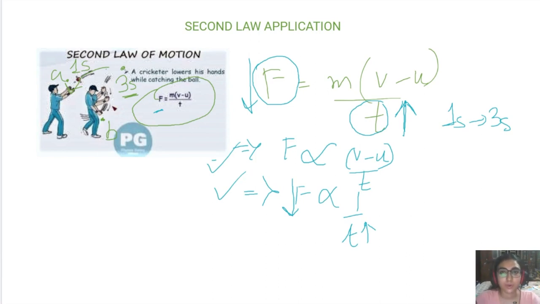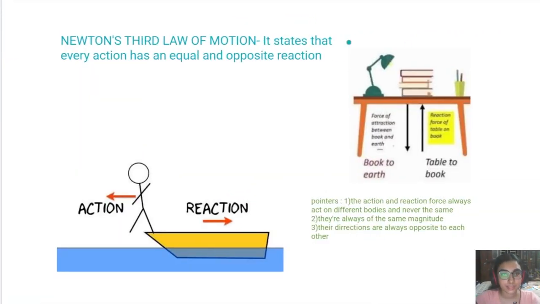Okay, so the next is Newton's third law of motion. This is a new thing. Actually not, you have used it all your life, you've heard it in a lot of movies and a lot of things. It's a very basic law. It states that every action has an equal and opposite reaction.